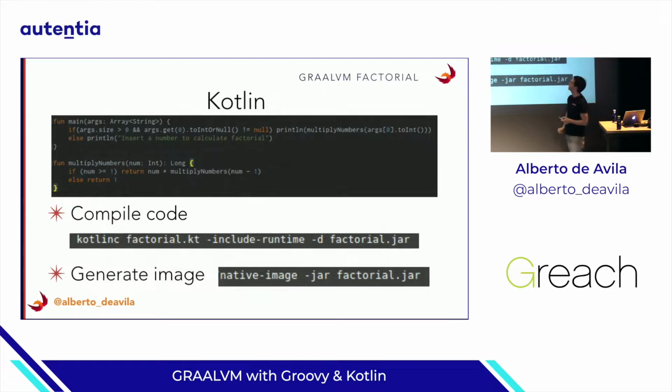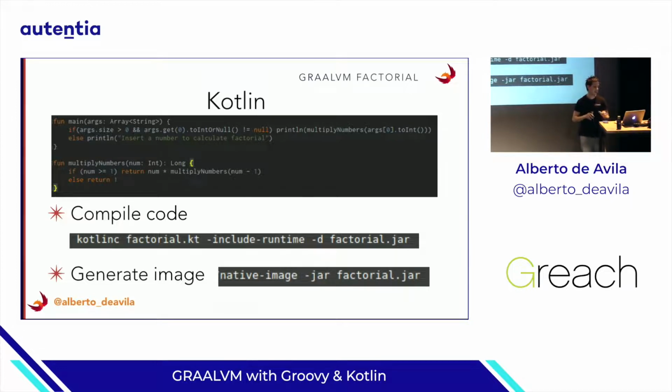How can we do this with Kotlin? I think it's easier than the Groovy way. The code example is the same with the syntax in Kotlin. So when we want to compile our code, we have to call kotlinc, passing the Factorial class, and generating a jar file.